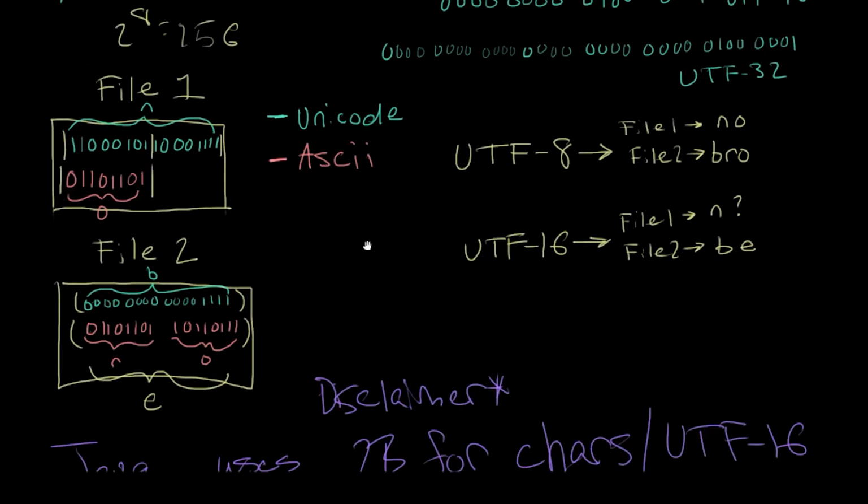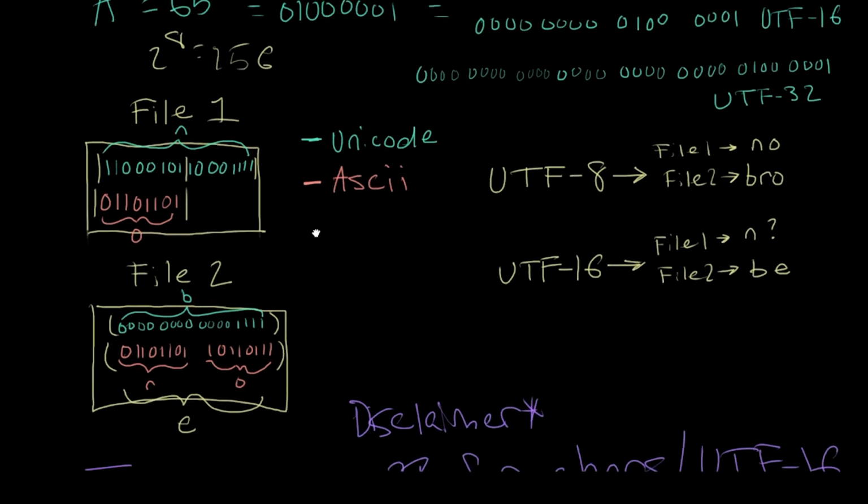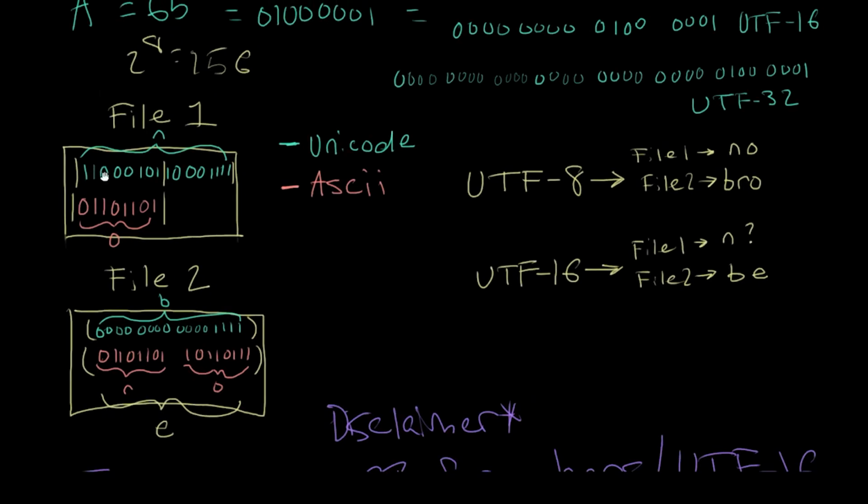Okay, so one other advantage to using UTF-8 is that, like I just said, ASCII is readable when you're using Unicode. If you're trying to read in Unicode using one of these standards, UTF-8 or UTF-16, then if you're using UTF-8, you'll be able to read the ASCII because they're chunked into 8 bits per letter. So we'll just go through this really quickly. We have some Unicode and ASCII in the same file, and we're using Unicode to read it.